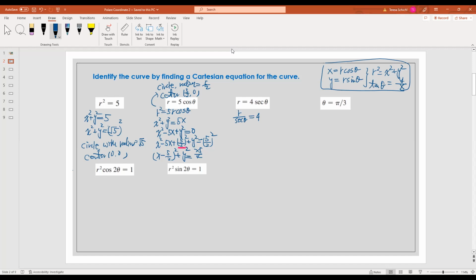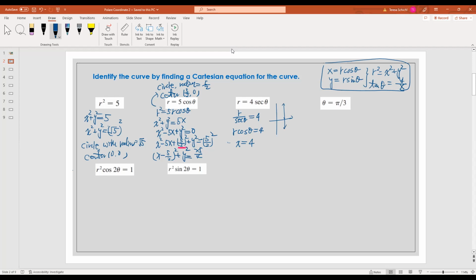And 1 over secant theta is cosine theta, so it's r cosine theta equal to 4. Oh, wow. r cosine theta is x, so x equals 4. It's pretty simple. This is a vertical line.